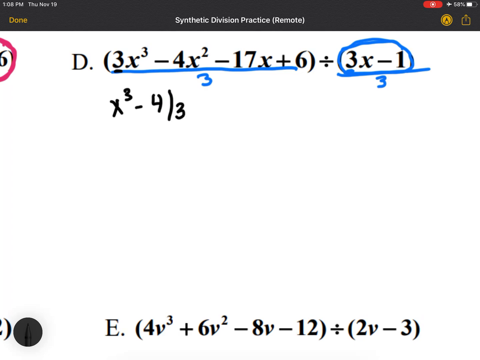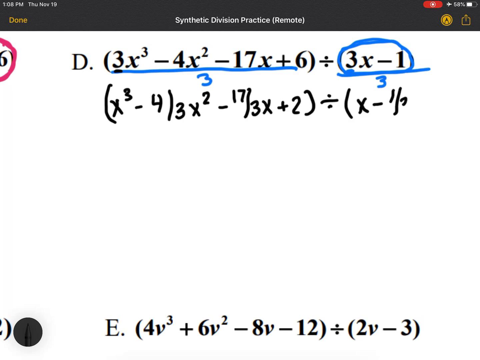We don't want to deal with any messy decimals, okay? Negative 17 divided by 3, again, leave as a fraction. We don't like decimals. And then 6 divided by 3, well, that's just 2. Then 3x divided by 3 is 1x. And then negative 1 divided by 3, just again, leave it alone as a fraction.